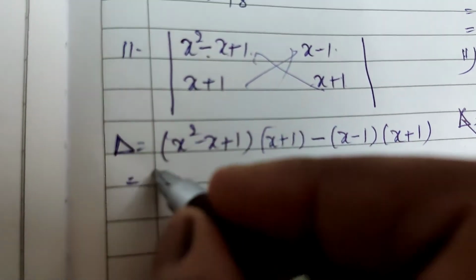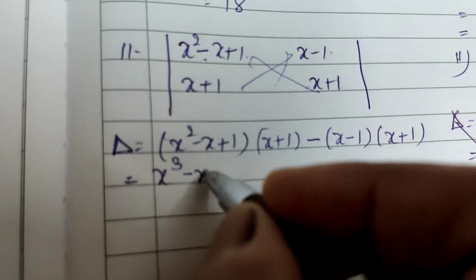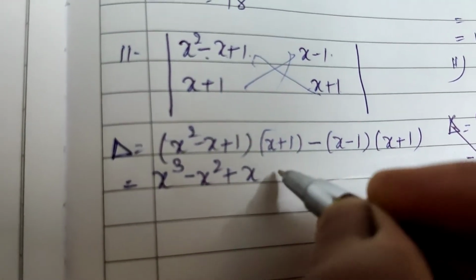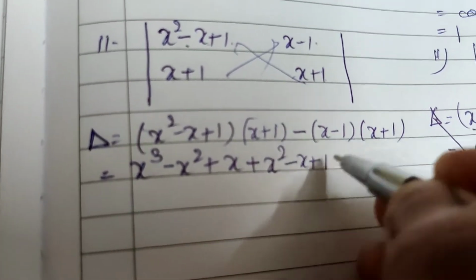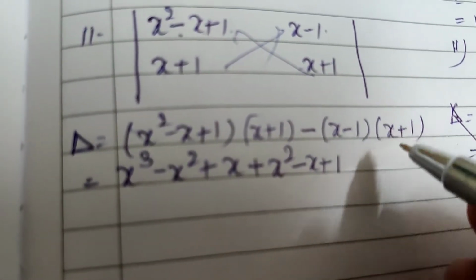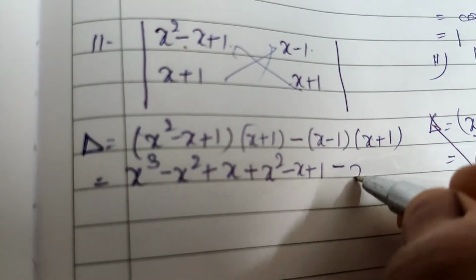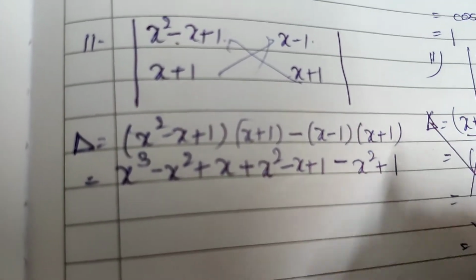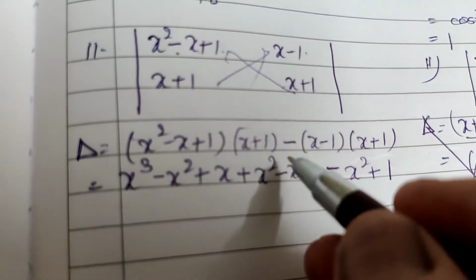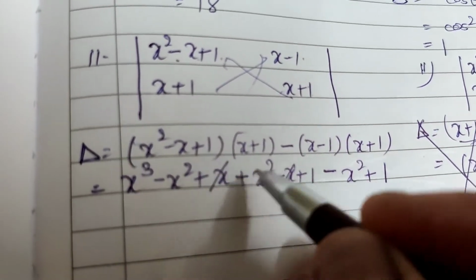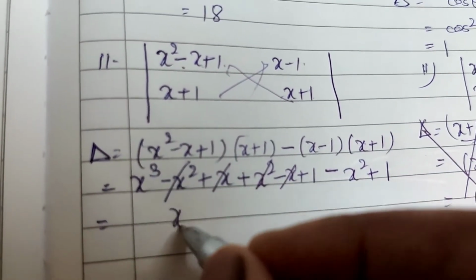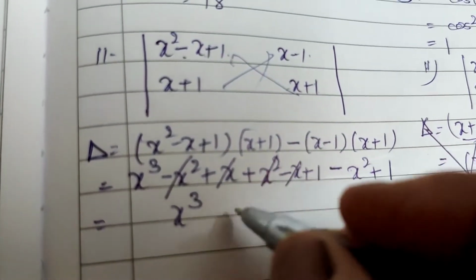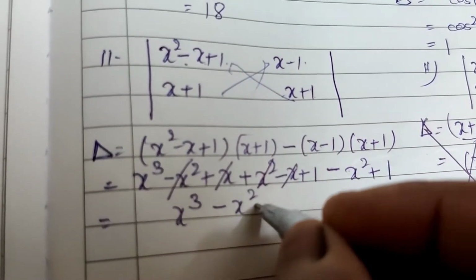X multiplied in all three terms: x cube minus x square plus x. And 1 multiplied: x square minus x plus 1. X minus 1, x plus 1, x square minus 1. It means x square plus 1. Now x cancels, x square cancels. The remaining terms are x cube minus x square plus 1.